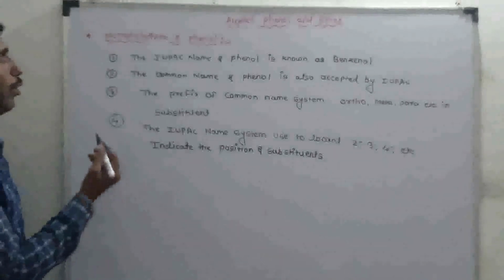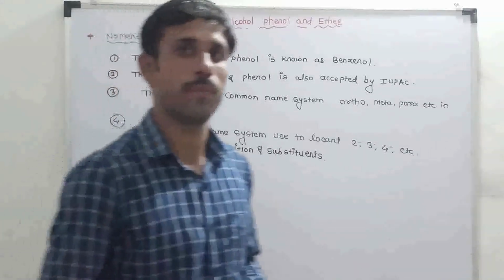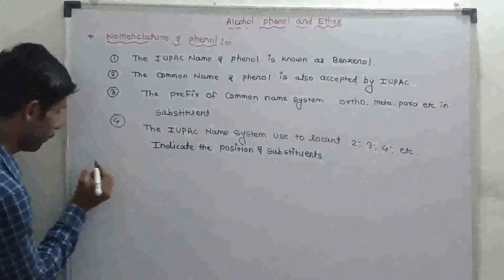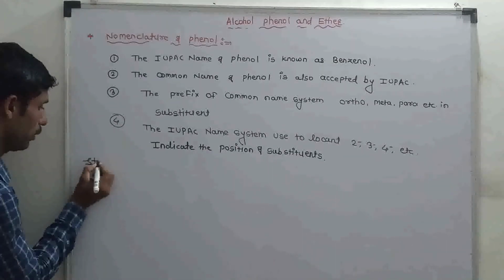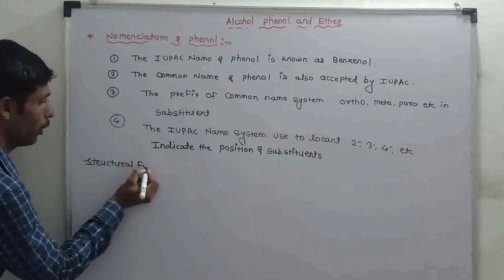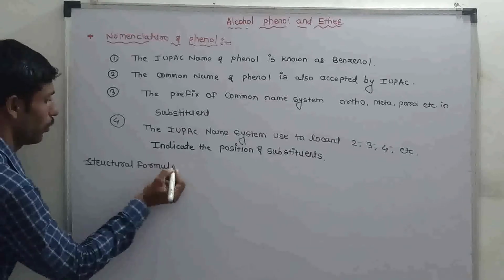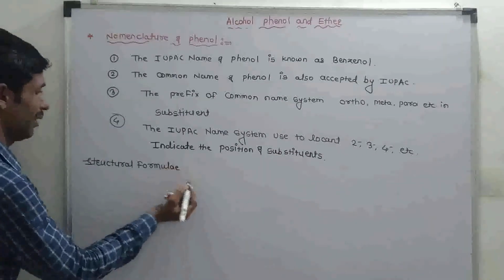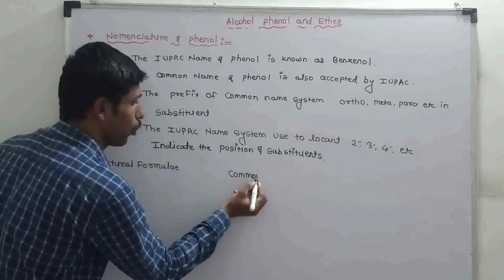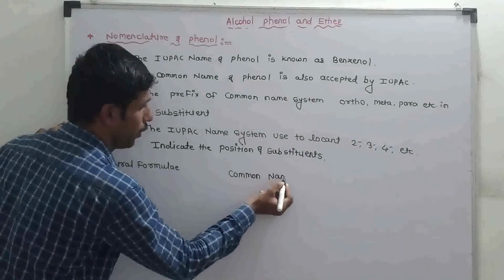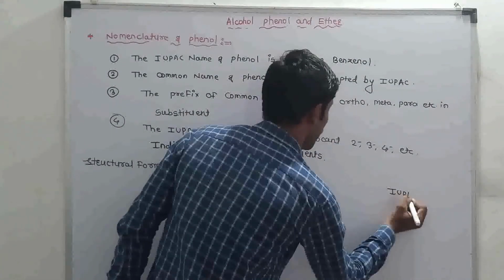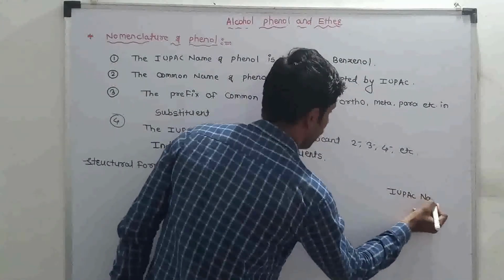Examples of the nomenclature of phenols. First is the structural formula, second the common name, and third the IUPAC name.